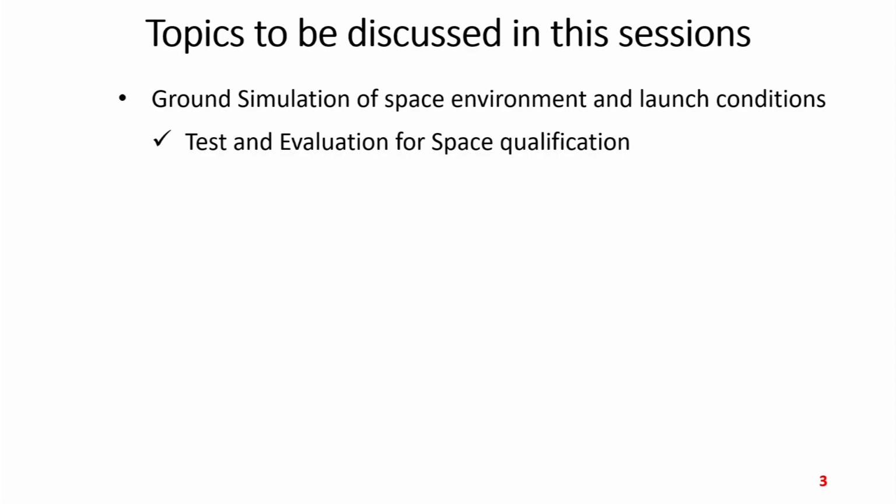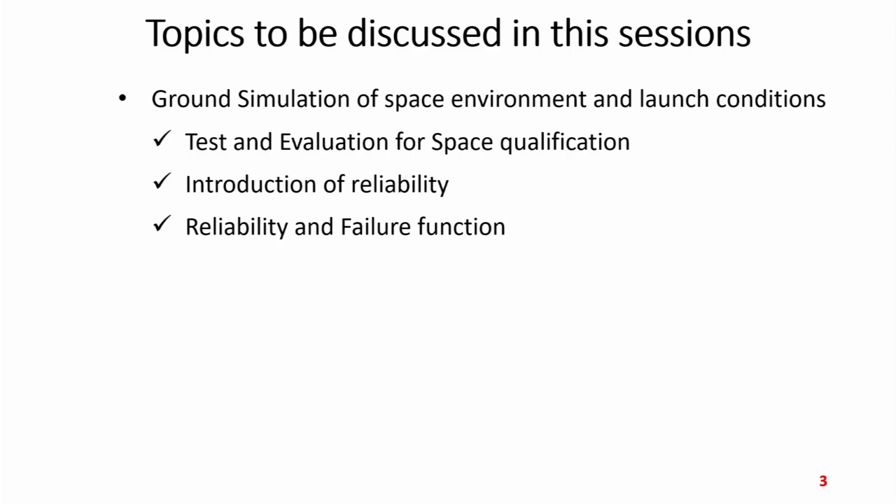Once it is tested successfully and evaluated successfully, then you can say that those components and subsystems will work satisfactorily in the space environment. So, in this regard we will introduce the term reliability, and in this module we will continue with understanding and studying various aspects of reliability engineering.